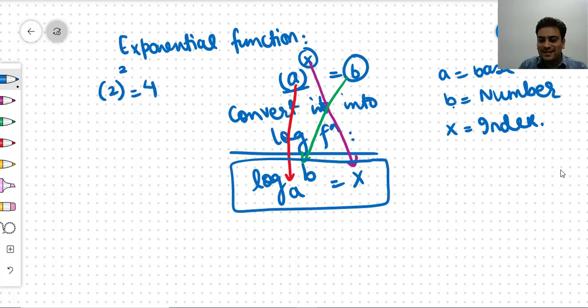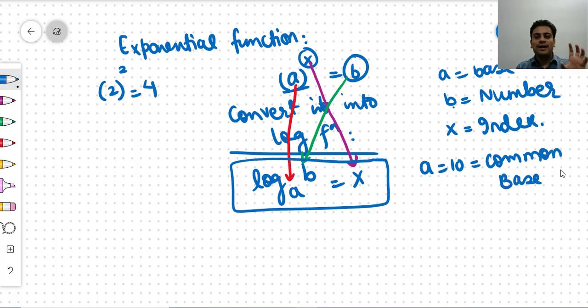As we have seen, a is my base. Usually when a is equal to 10, we call it the common logarithm or common base, and when the base is e, that is the natural base.